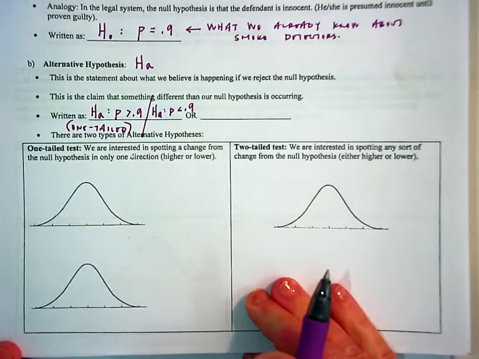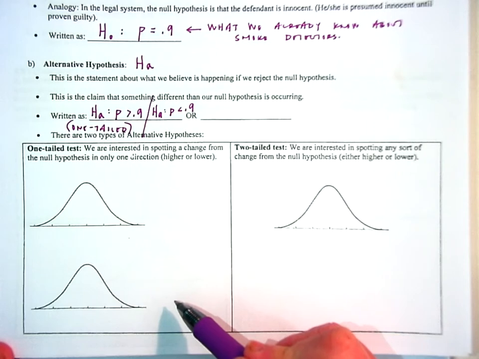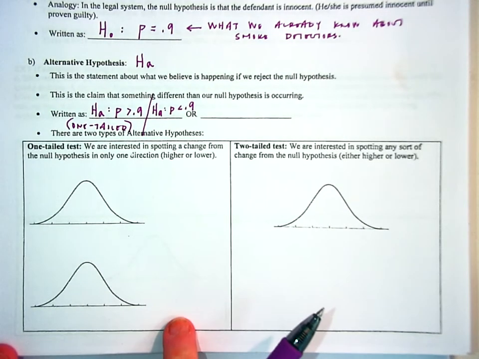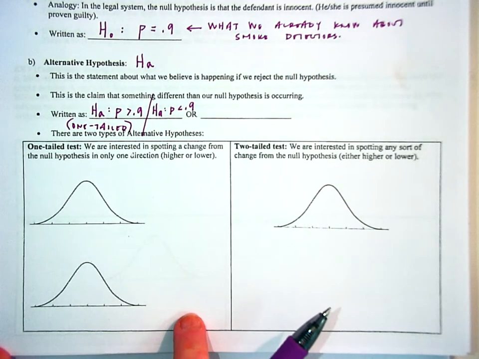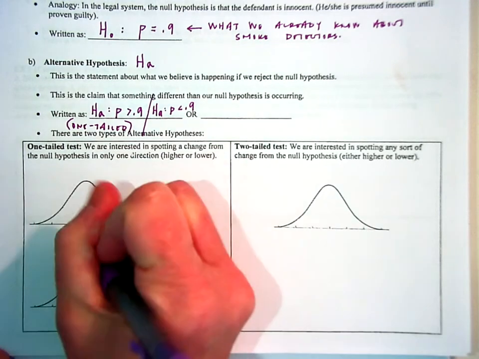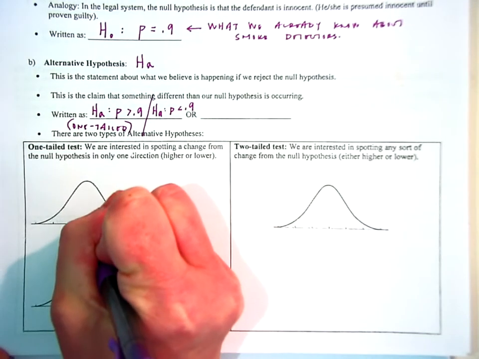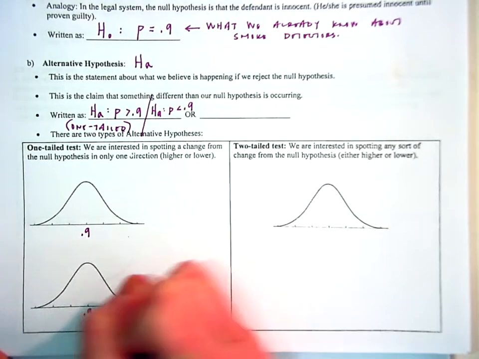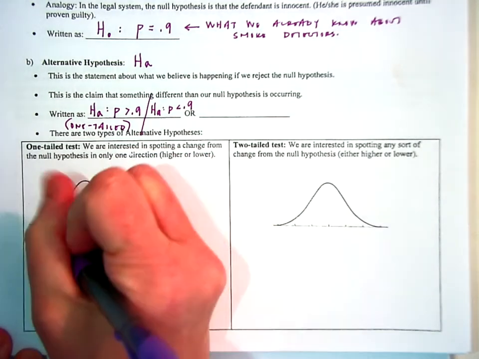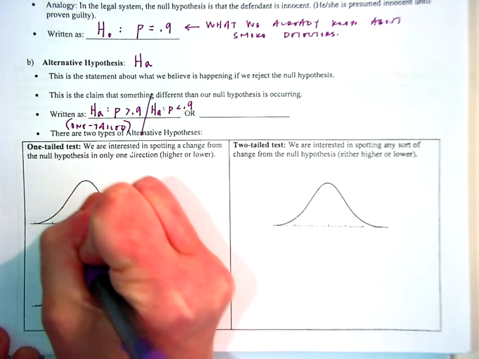Okay, and since I'm already here, I'm just going to show you what that visualization would look like. For one-tailed, we're interested in spotting a change from the null hypothesis in only one direction, higher or lower. I'm going to put my p-value right here, 0.9. That's what my null hypothesis says. So let's say I came up with a statistic of, say, 0.85.